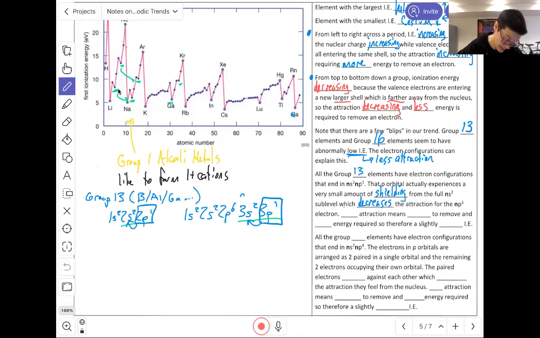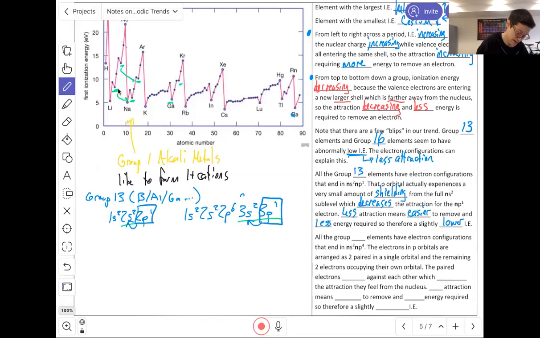And again, if we have less attraction, that means it is easier to remove and less energy is required, and you get a lower ionization energy.